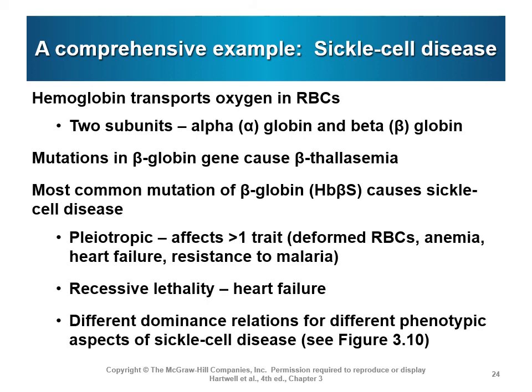This gene is pleiotropic and affects more than one trait, which include deformed RBCs, anemia, heart failure, and resistance to malaria. It could be recessive lethality, heart failure. It can express different dominance relations for different phenotypic aspects of sickle cell disease.